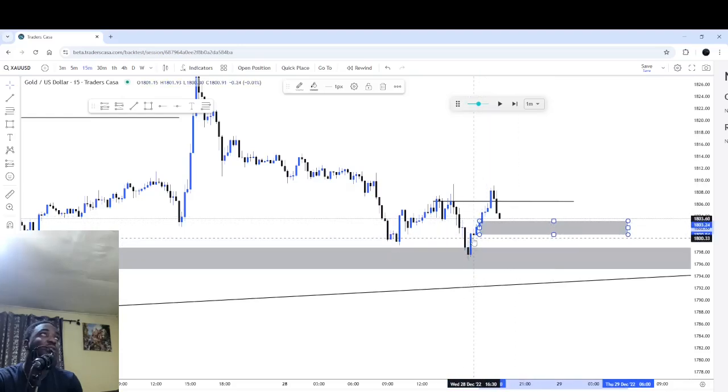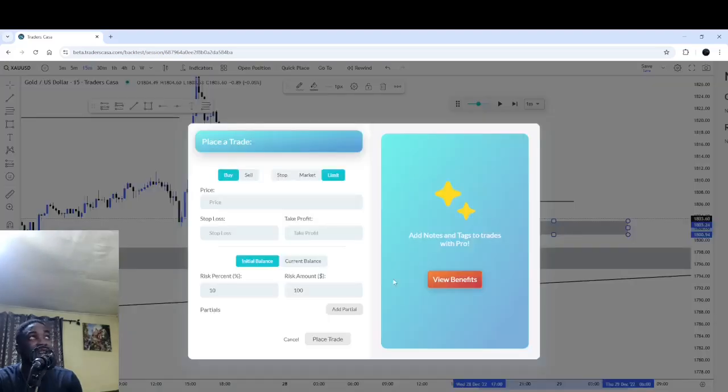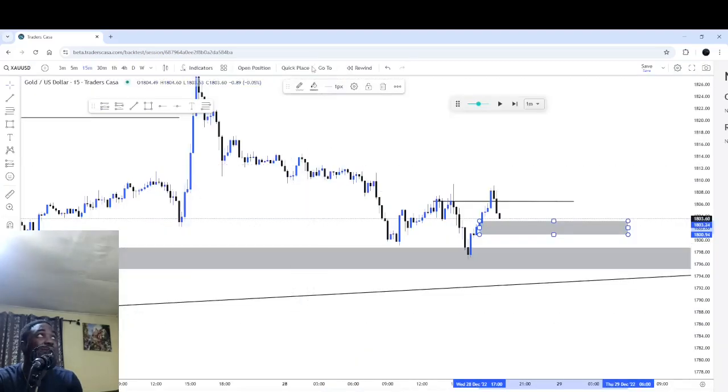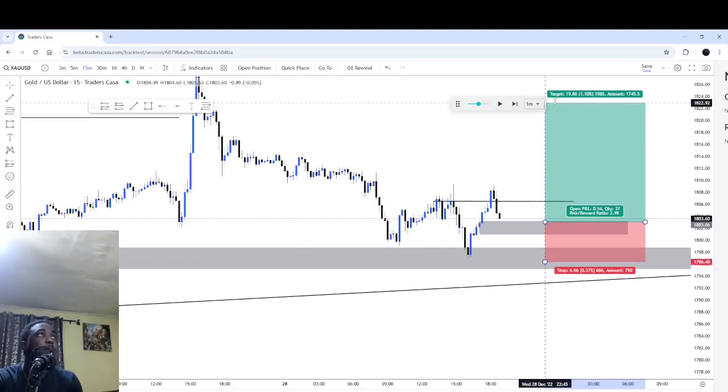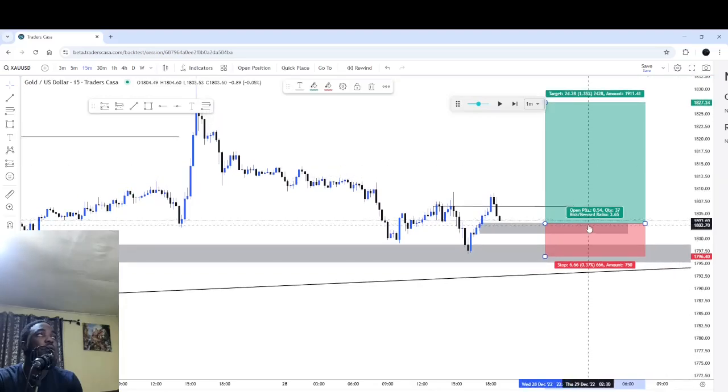There was another gap here, but I doubt whether price will come to that zone. But I'll use this side first. Now we'll target the break of structure because we are using the 4-hour.